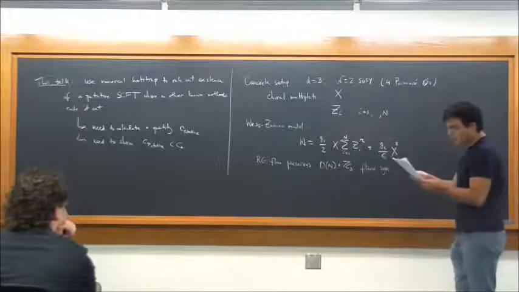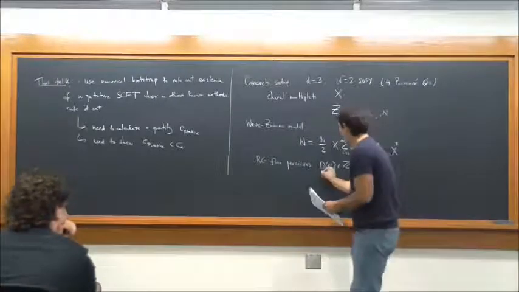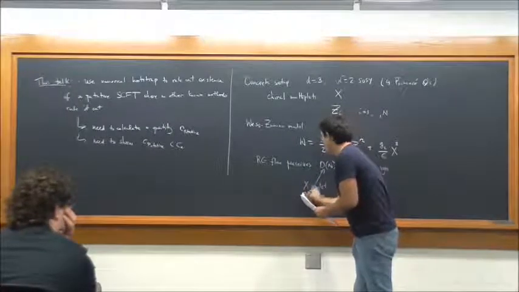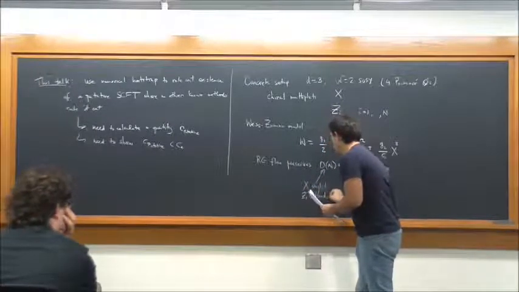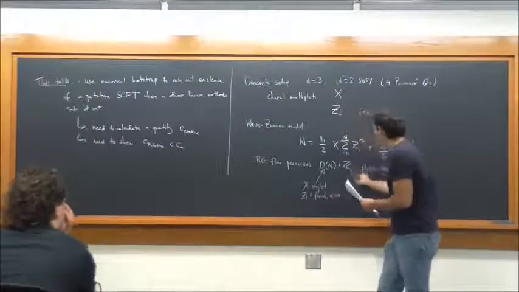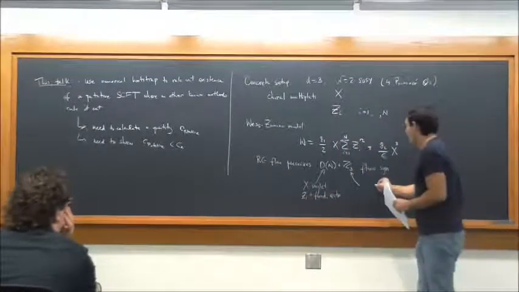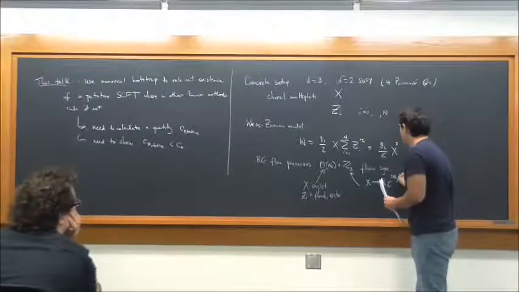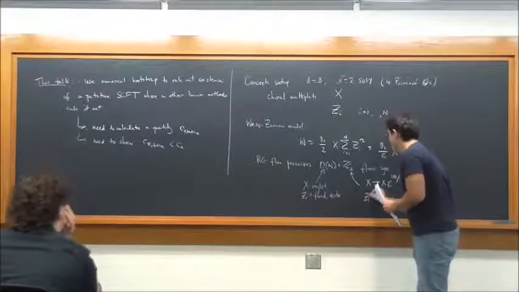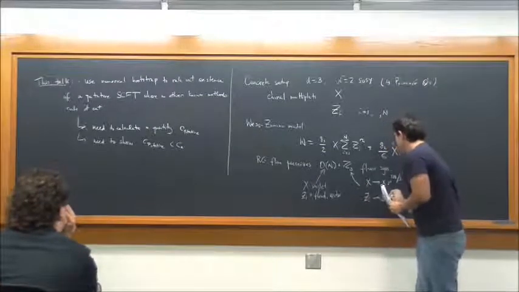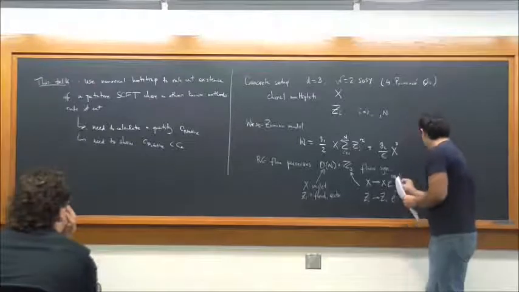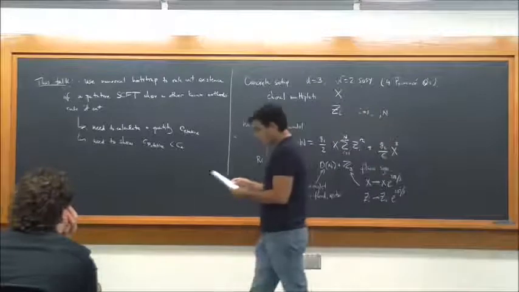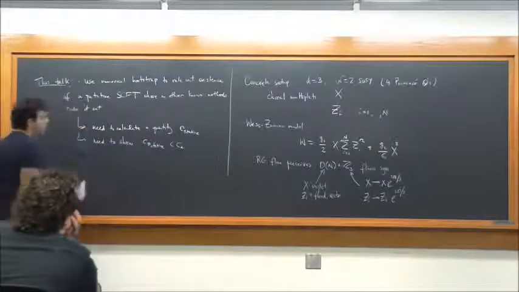Okay? Under the O(N), X is a singlet, and z_i is a fundamental vector. And under Z3, all the fields get multiplied by e to the 2 pi i over 3. Okay. So this is an RG flow that preserves the symmetry.